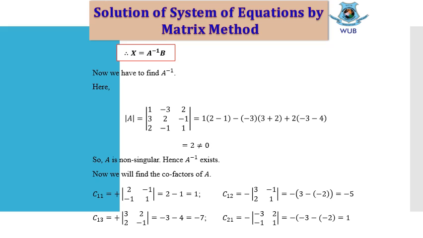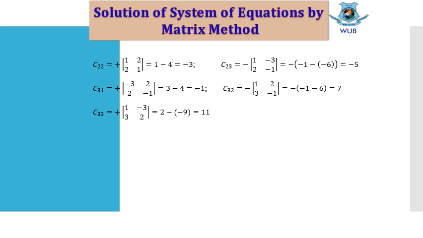That means C12, C13, C21, C23, C22, then C31, C32, C33. In this way, we can find all the values. That means the cofactor of A matrix, and we can write the matrix in the same way.